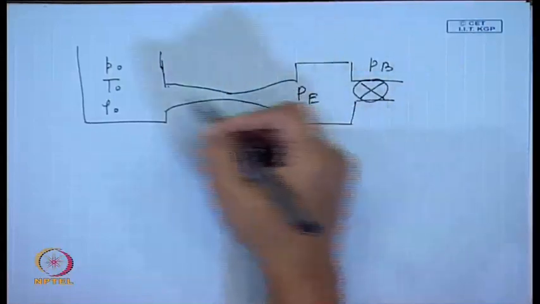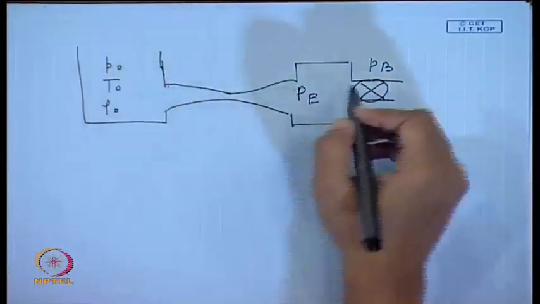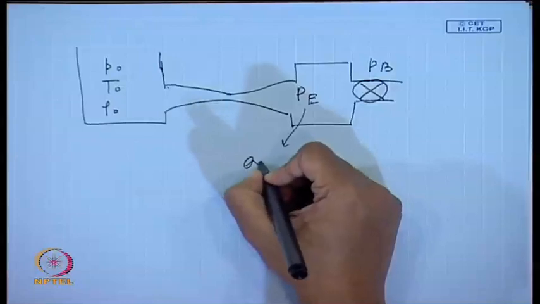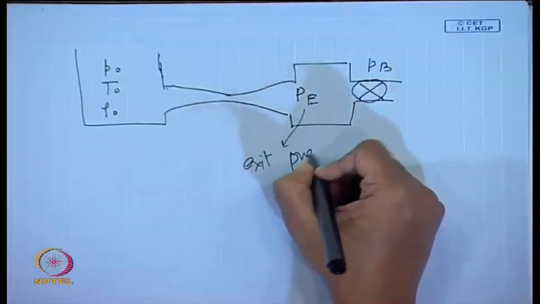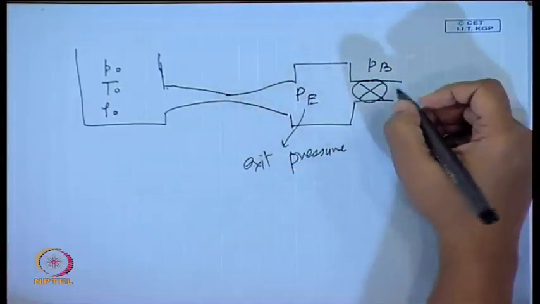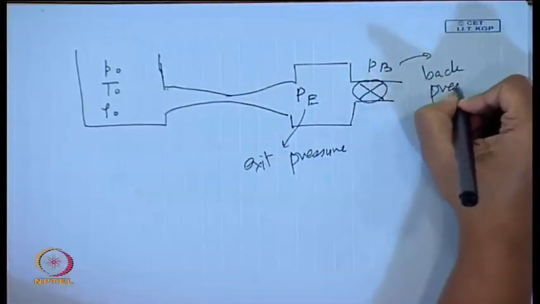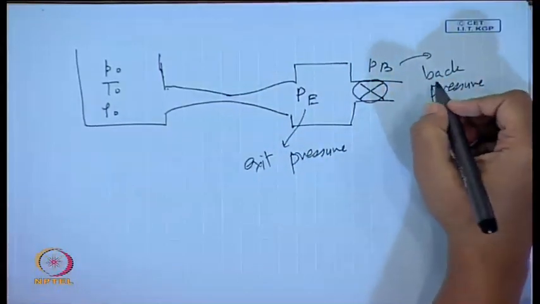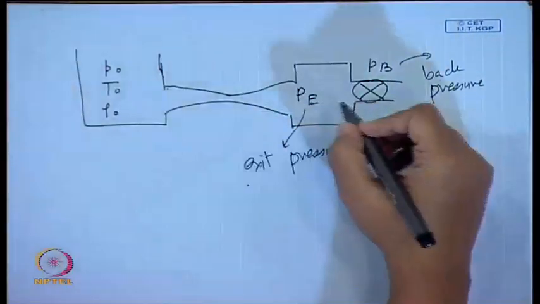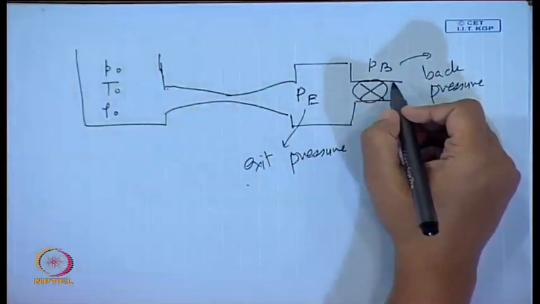Okay. Now, here the upstream conditions are maintained. This is known as the exit pressure and this is known as the back pressure. So, the nozzle discharges to this particular back pressure.